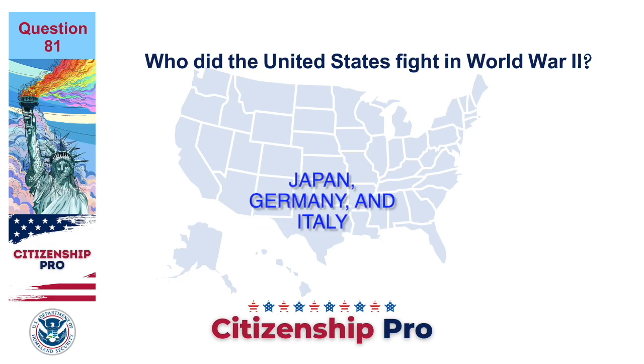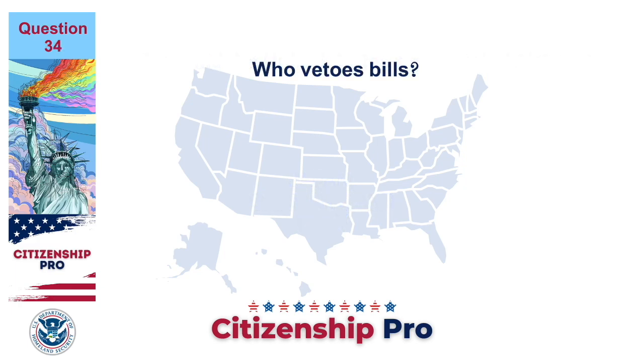Japan, Germany, and Italy. Who vetoes bills? The President.